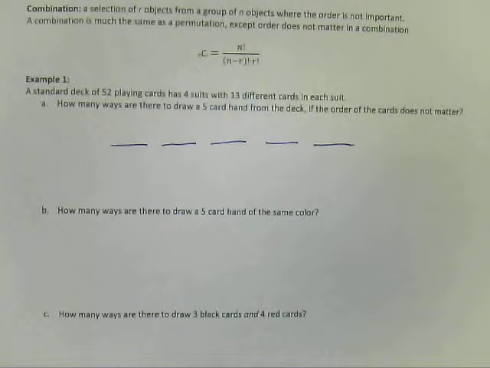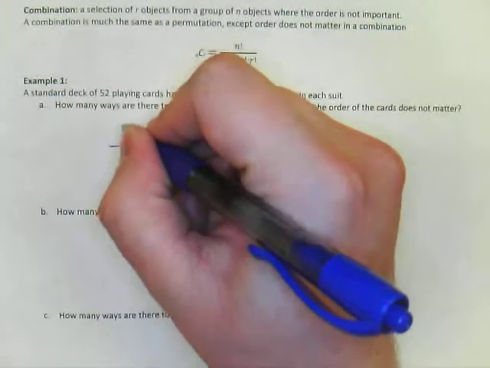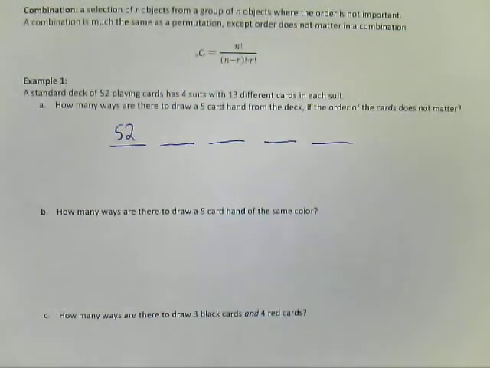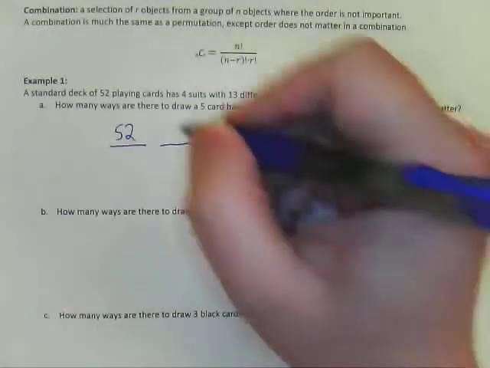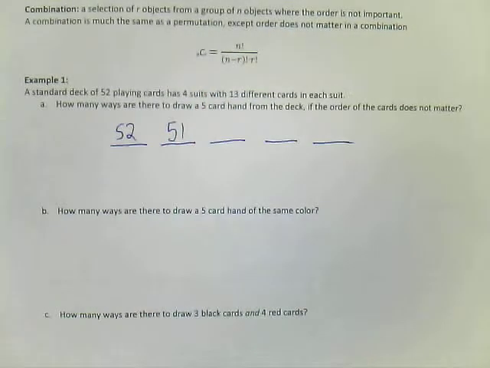Now, again, like I said, we're going to calculate the permutation first and then do something with that to get the combination. So let's pretend that I do care about the order of these cards. Well, then it's going to be just like last lesson. For the first card, I can pick any of the 52 cards in the deck. Once I've picked one of them, there's only 51 of them left for the second card.